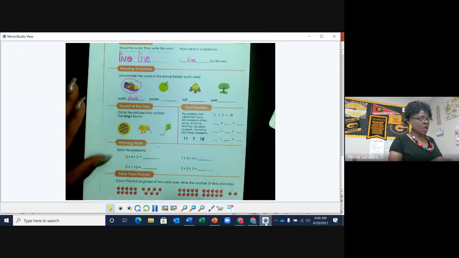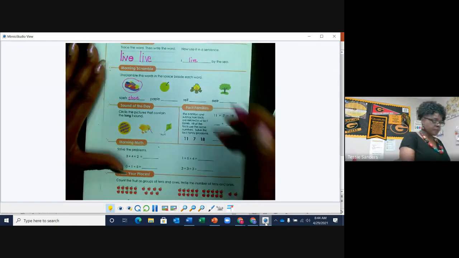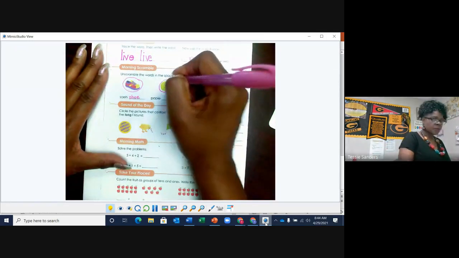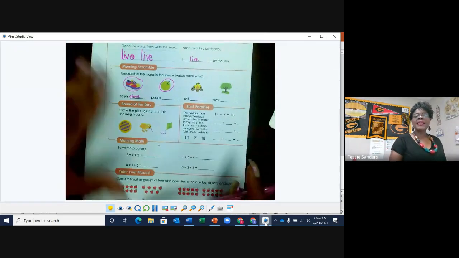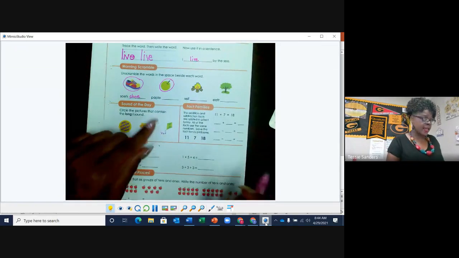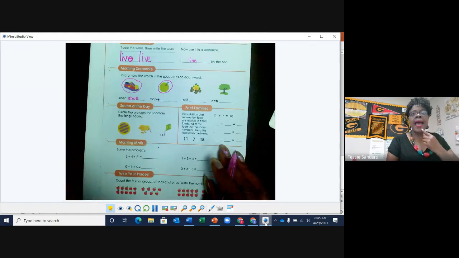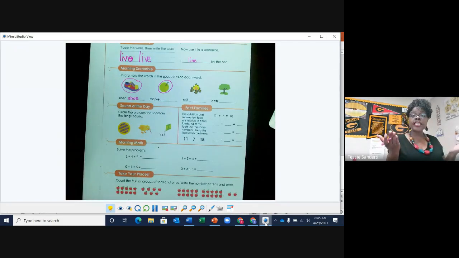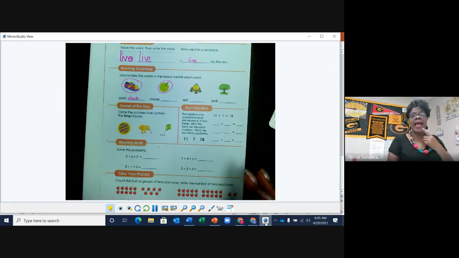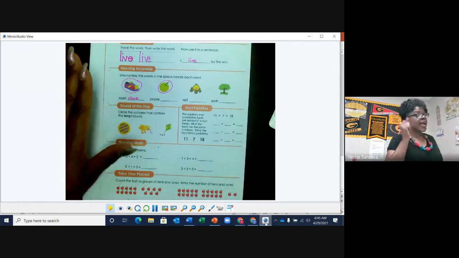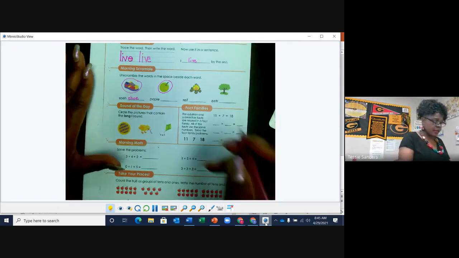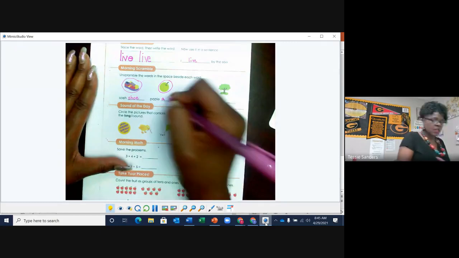Another good job. Look at the picture. This is an apple. Apple. Which letter spells a? A. Short A.